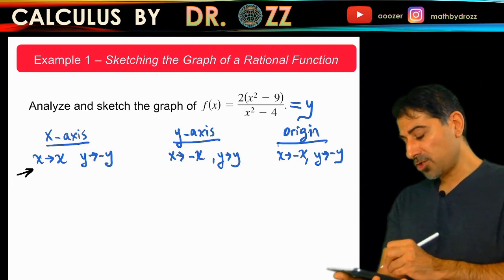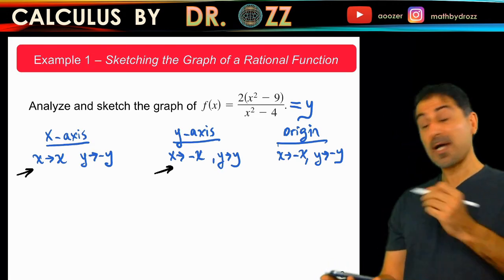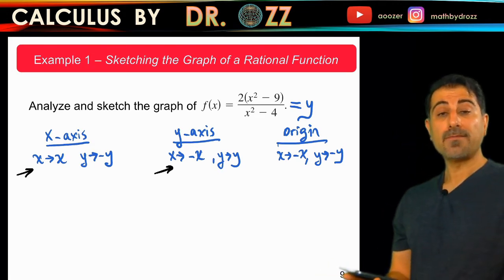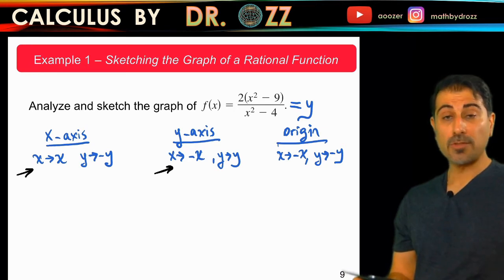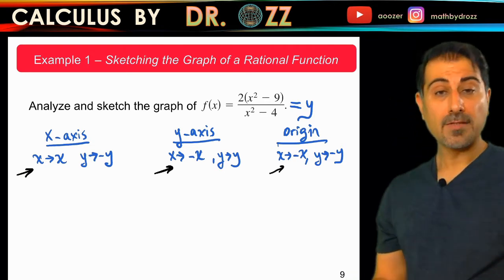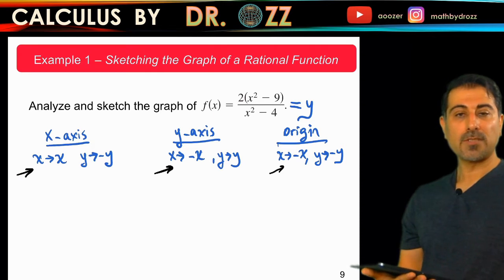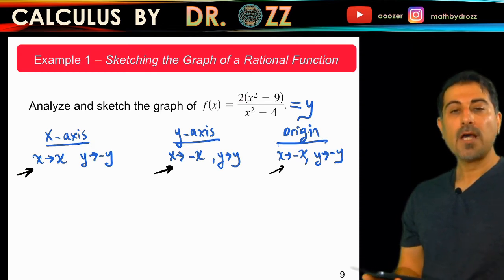Or if you change x by -x and keep y, and if the function's expression doesn't change, you have this symmetry about y-axis. And finally, if you change x to -x and y to -y, so both variables are changed, then if the function's expression doesn't change, that means you have the symmetry about the origin.